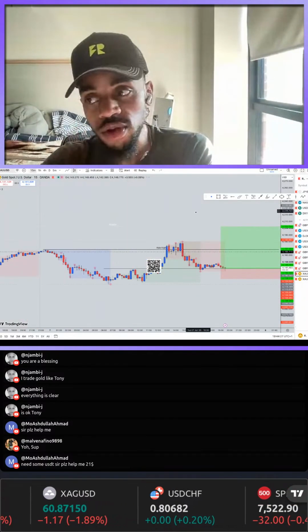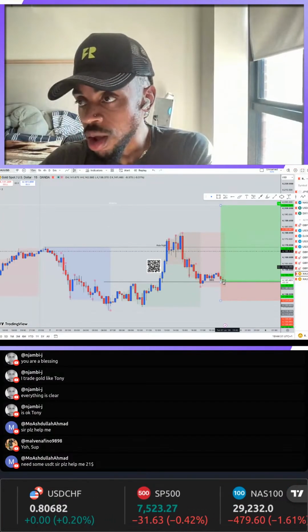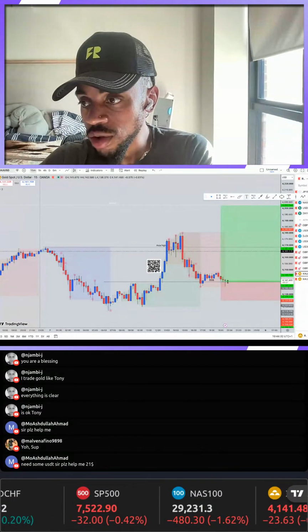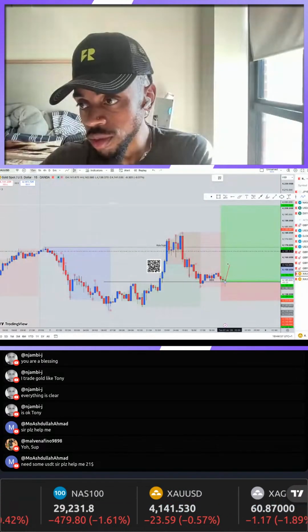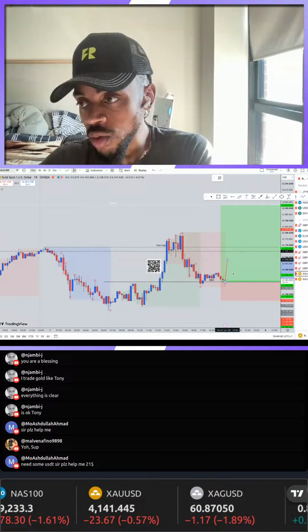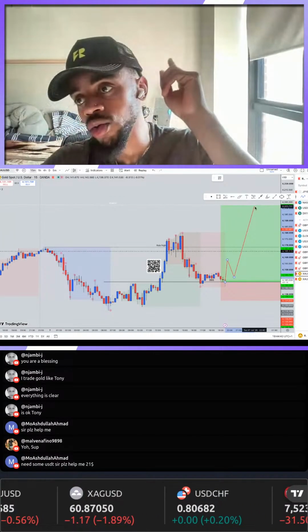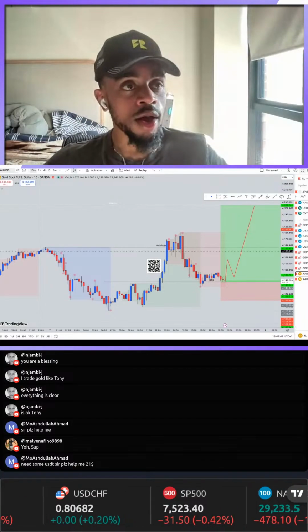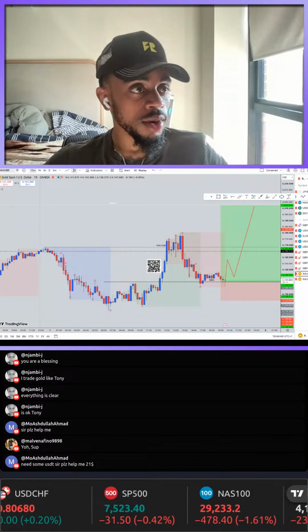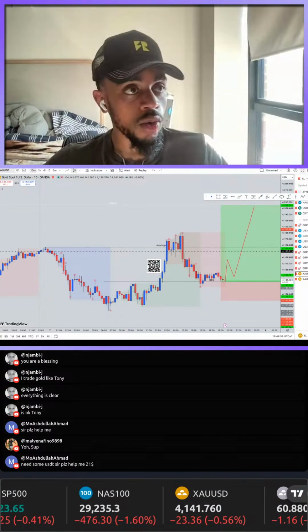If we jump into the 15, all we need is a rejection, and then all we need on the 15-minute time frame is a break of structure. Once we get a beautiful break, we come back for a retest, and we are sailing to our take profit. That is exactly where we are going.